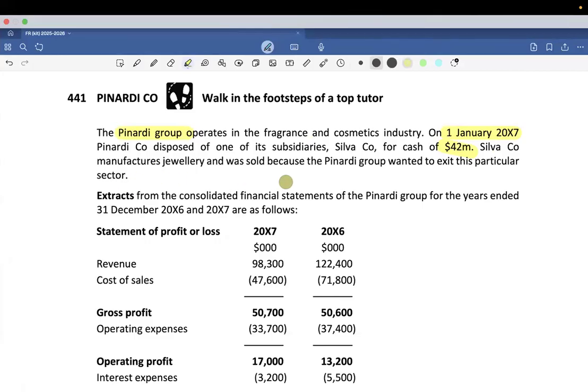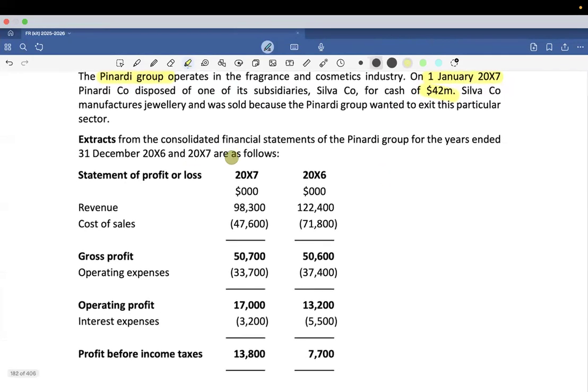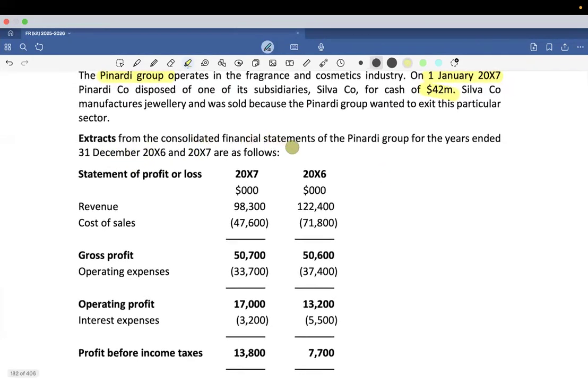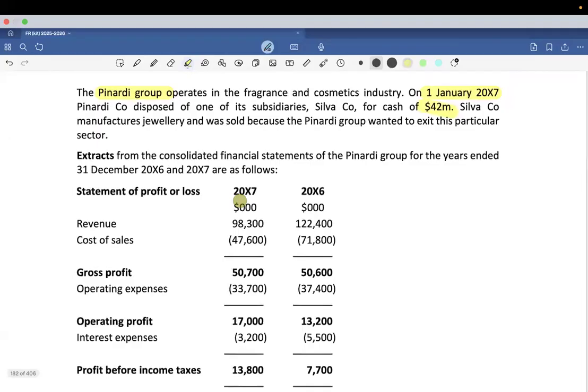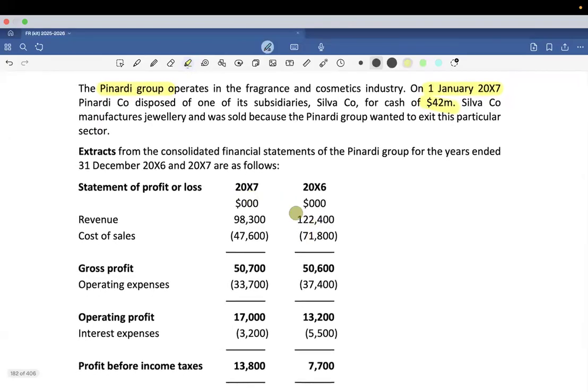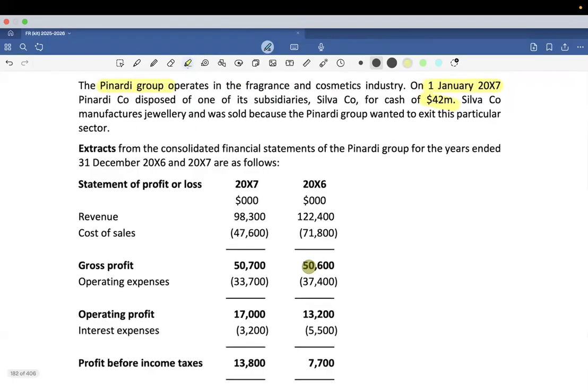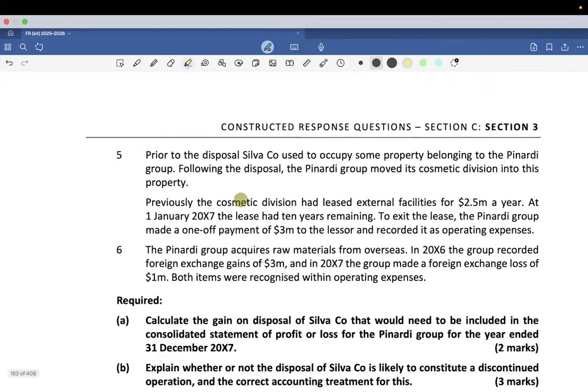Silva Company manufactures jewelry and was sold because Pinardi Group wanted to exit this particular sector. Extracts from the consolidated financial statements of Pinardi Group for the years ended 31st December 2006 and 2007 are as follows. So this was disposed in January 2007, so most likely this particular amount is inclusive of the amount that was from Silva Company. Clear?